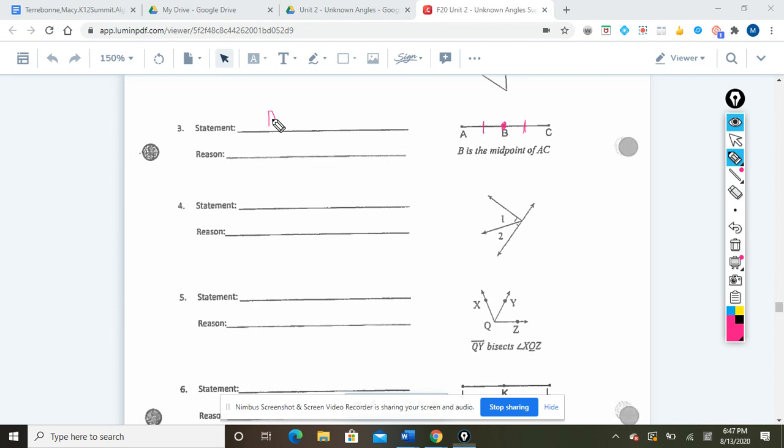So we're going to say segment AB is congruent to segment BC. How did we know those were congruent? Because we knew what this word meant. So our reason for this is definition of midpoint.